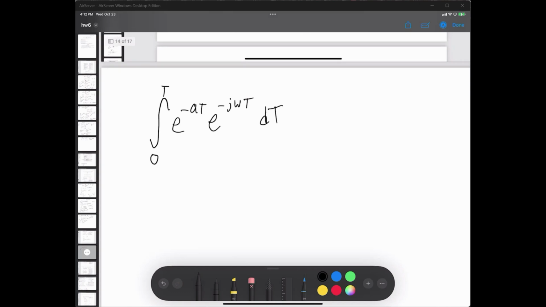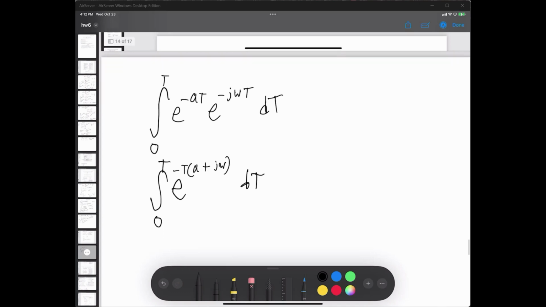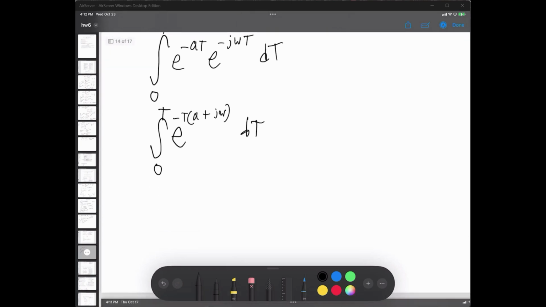We know that exponentials that are multiplied together can be added together. We'll factor out a negative t. We can factor out a negative out of both, and the t. So we're left with such.